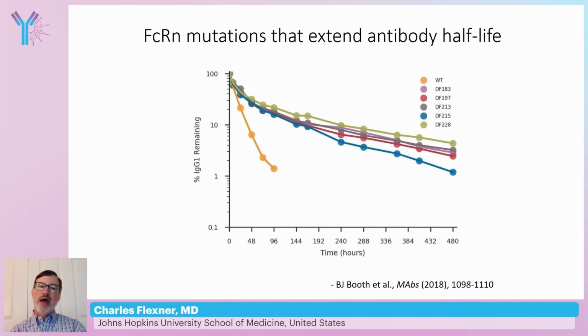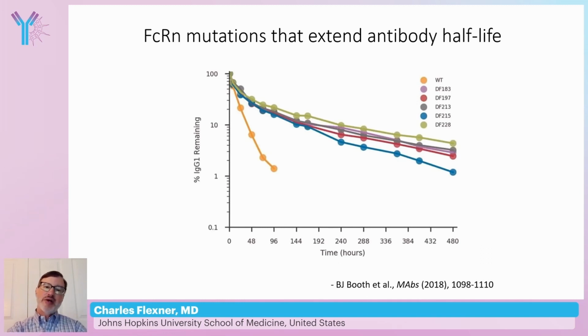And when you compare the half-life or the clearance of these antibodies, in orange is the wild type, which is rather quickly cleared from the circulation over the course of a few days, whereas each of these FC mutations results in a greatly extended half-life and a greatly reduced clearance.